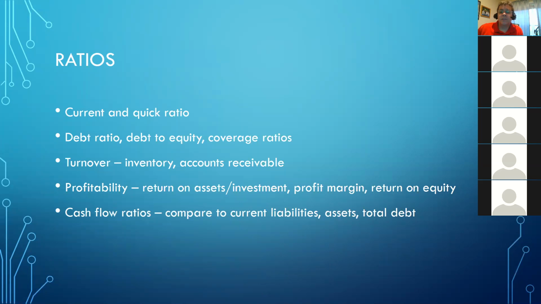Now there's a couple of other ratios referred to as the coverage ratios, which take your income off the income statement. So the debt ratio and debt to equity are all balance sheet. Coverage ratio compares your profit, your income, to how much you have to pay in interest or how much you have to pay in lease payments, depending on what coverage ratio you're talking about.